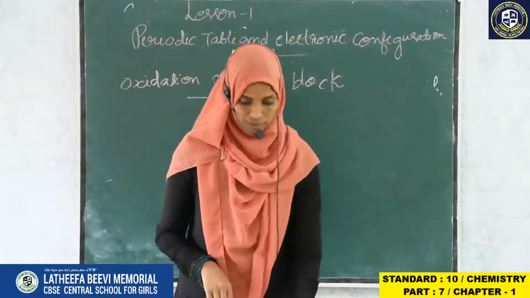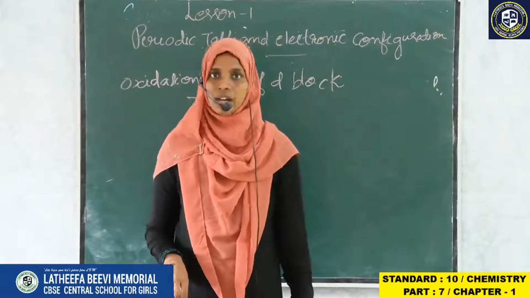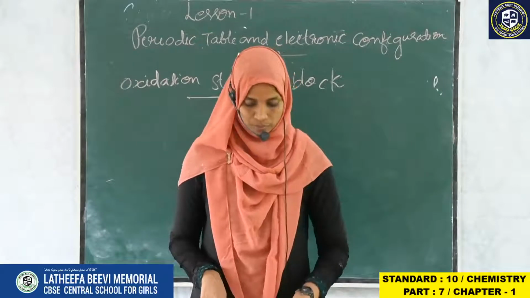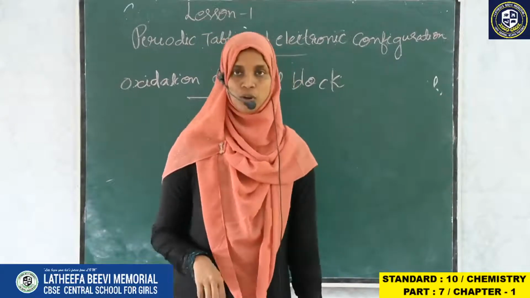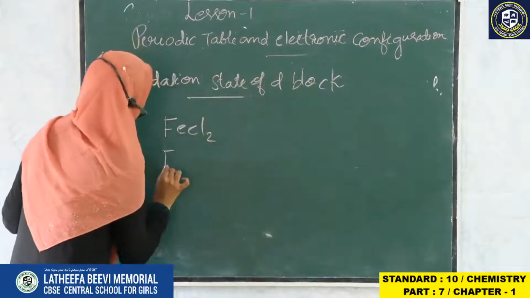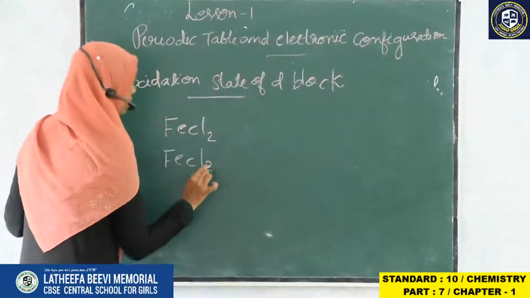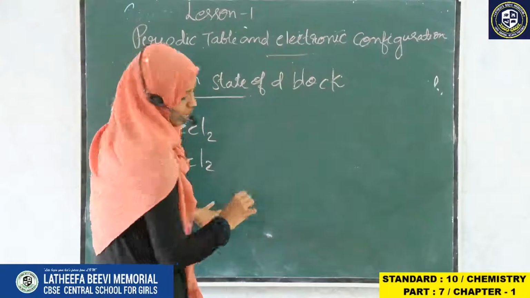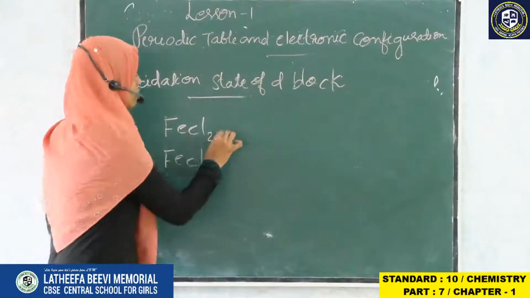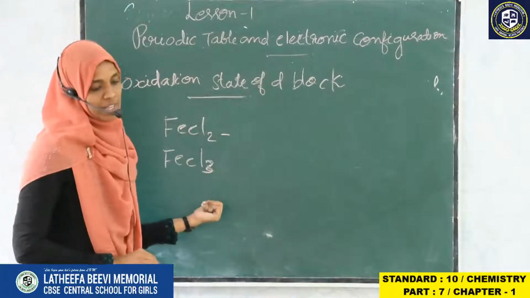We know that iron is present in the D block and iron has two compounds. Which are they? Ferrous chloride and ferric chloride, FeCl2 and FeCl3. This is ferrous chloride and this is ferric chloride.